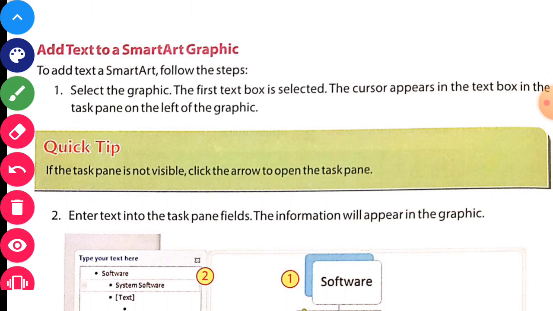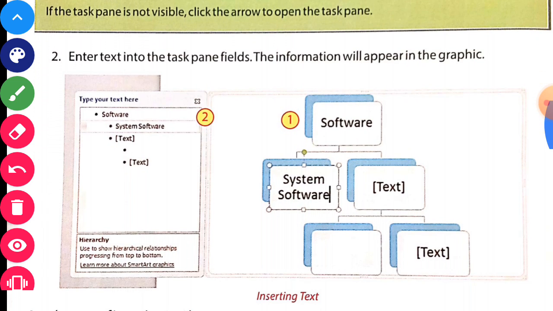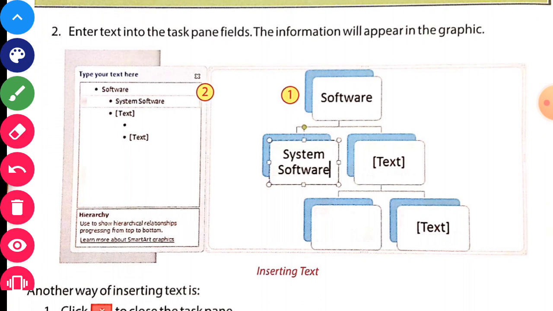The cursor appears in the text box in the task pane on the left of the graphics. Then after, enter text into the task pane fields. The information will appear in the graphics. For example, you can see here text, and then you type your text, then after the information will appear in the graphics.